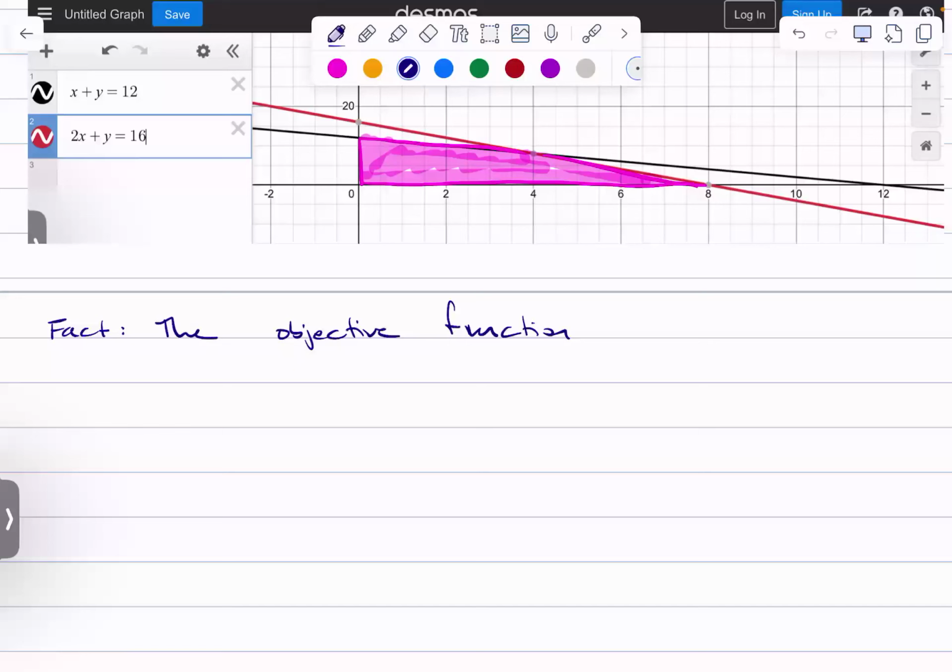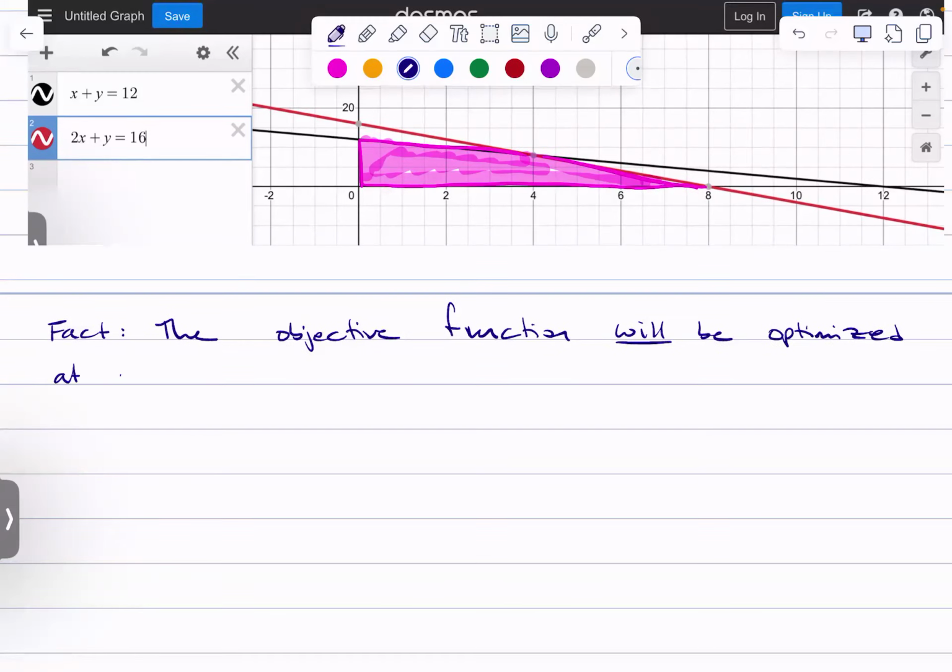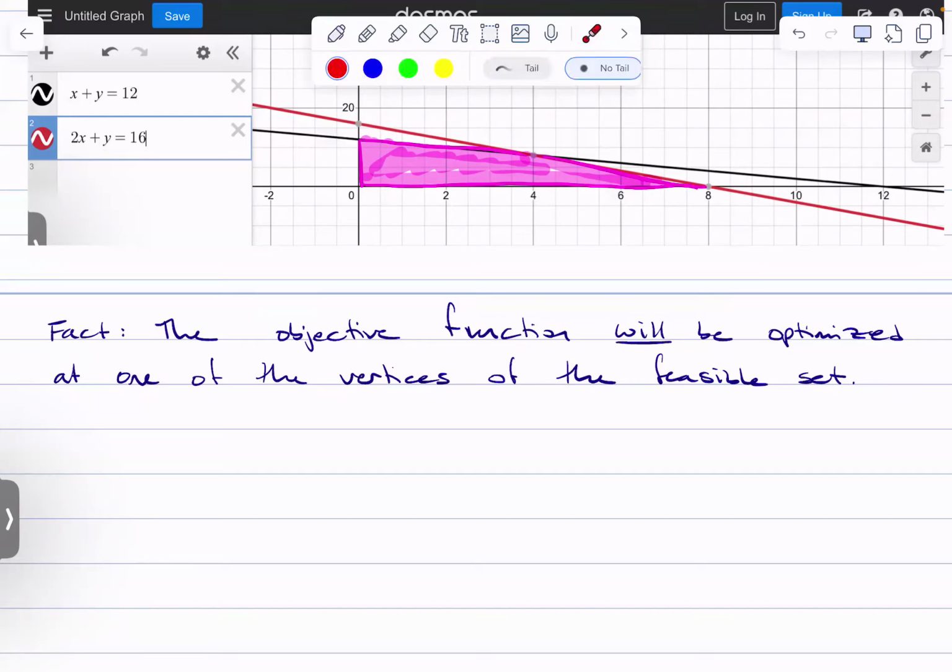But later we'll want to minimize, but the procedure is the same. So the objective function will be optimized at one of the vertices of the feasible set. I think I called it the feasible region or something like that. But just kind of this region here.